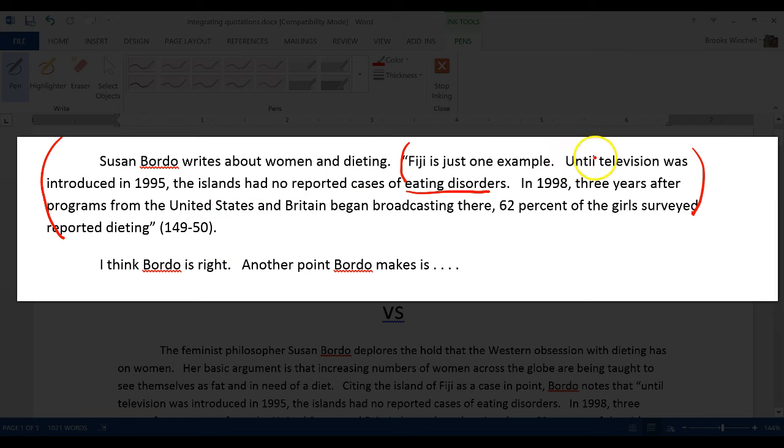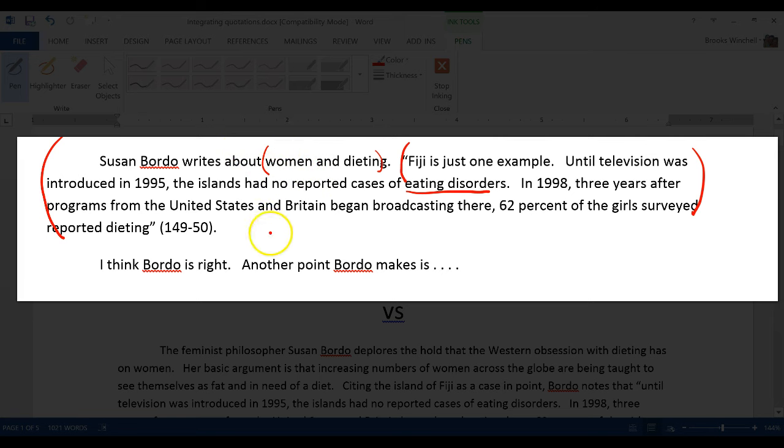So it seems like it has to do with the broadcasting of programs and how that affects people's need to diet. But that's not at all what the introduction talks about. This is really vague. Susan Bordeaux writes about women and dieting. She didn't mention that we're going to see a research study. She didn't mention the focus of the research study, which actually has to do with programming and the need to diet.